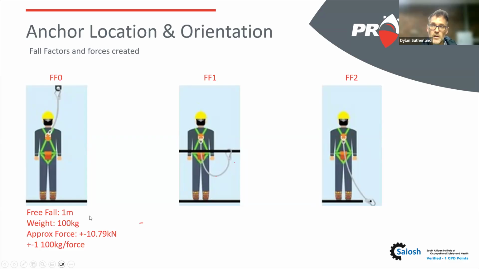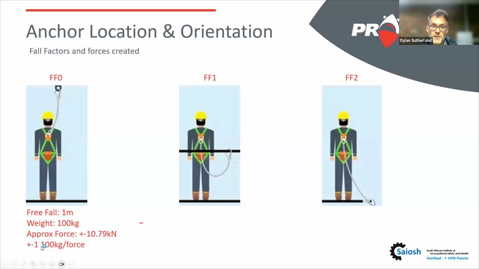So in the first one, if they connected at their head level, they might experience a 1 meter fall. If they're 100 kilograms, they'll create basically 10.7 kilonewtons of force, which equates to about 1,100 kilograms of force. Meaning we went from weighing 100 kilograms to just before my shock absorber deploys, about 1,100 kilograms.